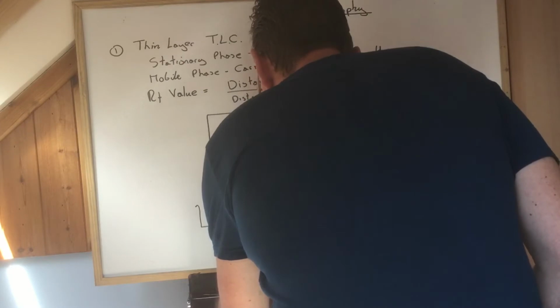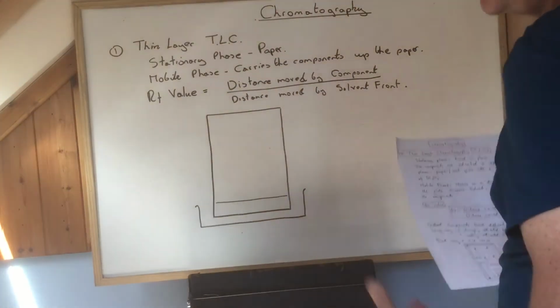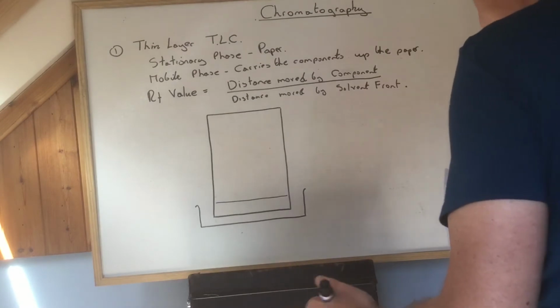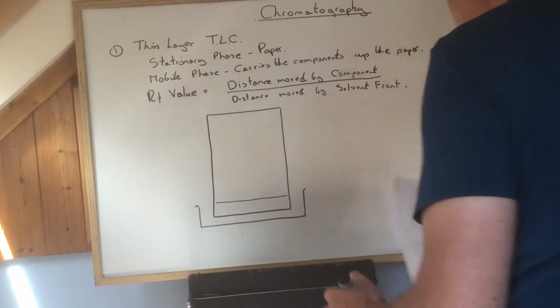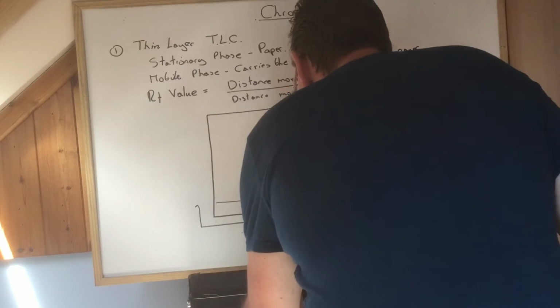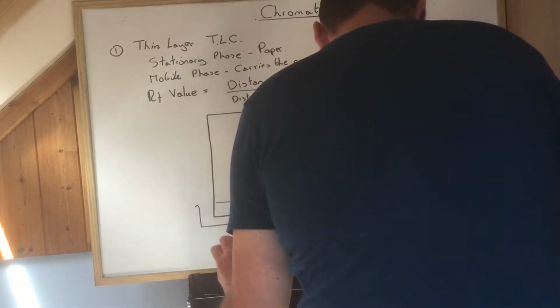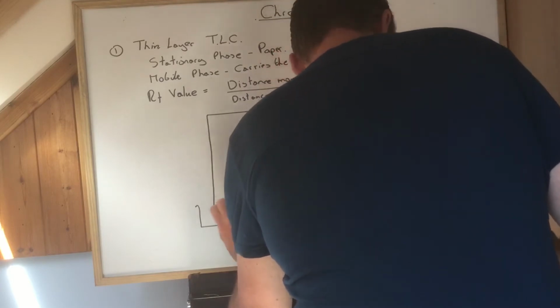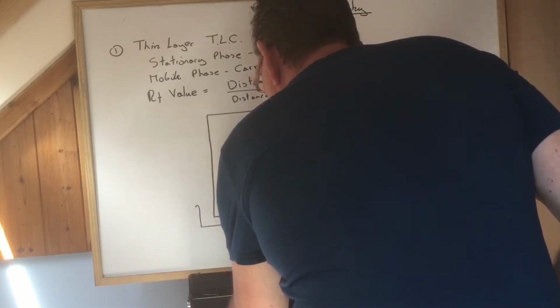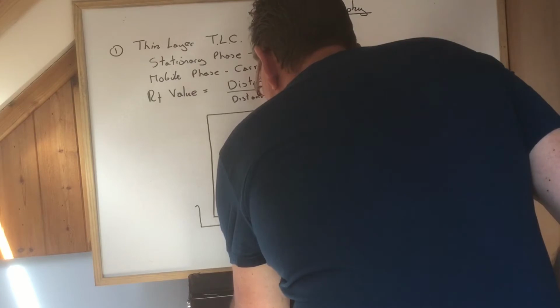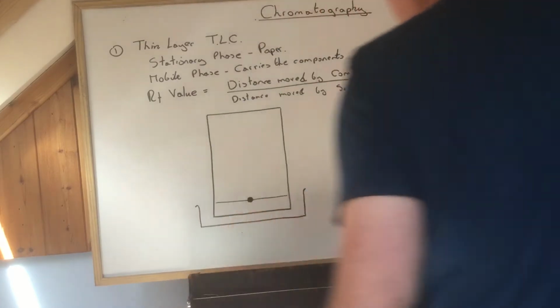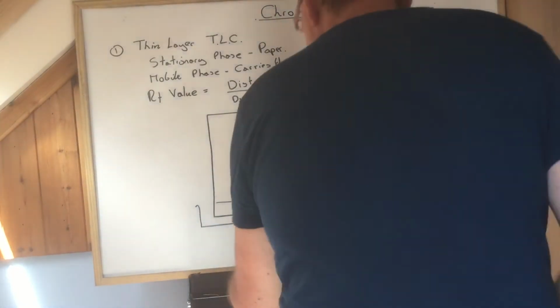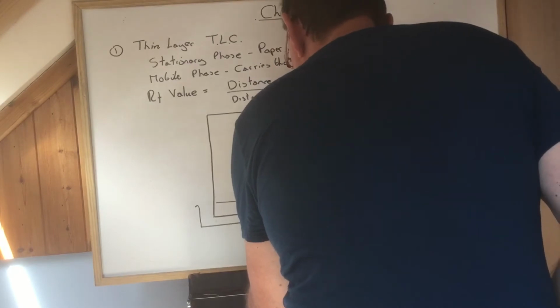You put a pencil line there, which must be made out of something that doesn't interfere with anything, and you put your dot of, say, black ink there. Then you put it in a solvent like that.